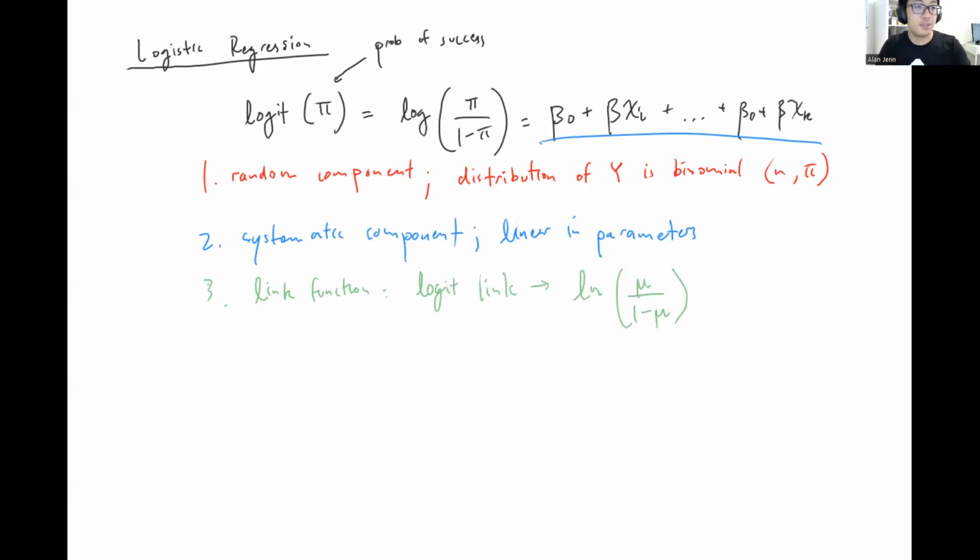So again, with these three basic components, you are essentially able to generalize any linear model into some kind of characterization that can be described with these components and link functions.